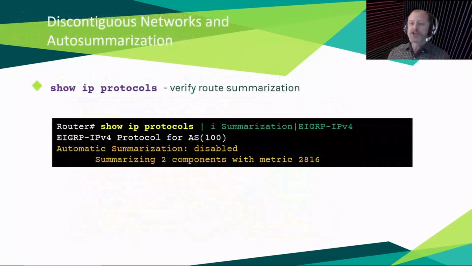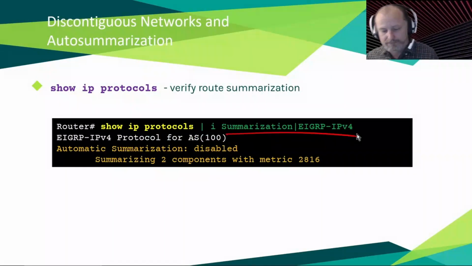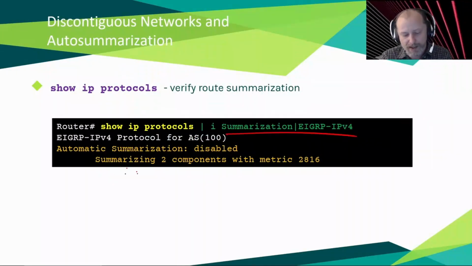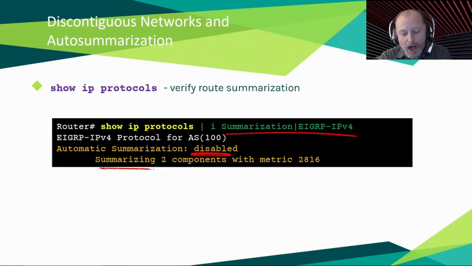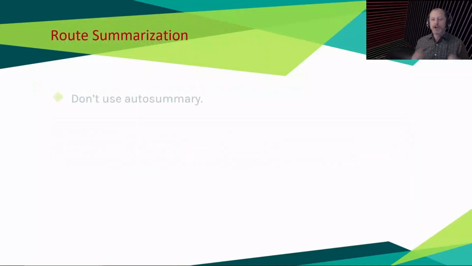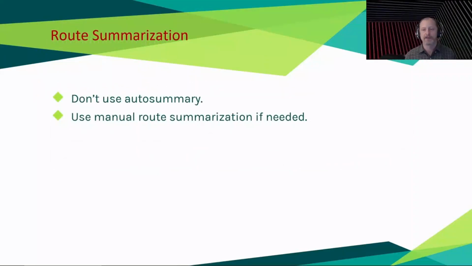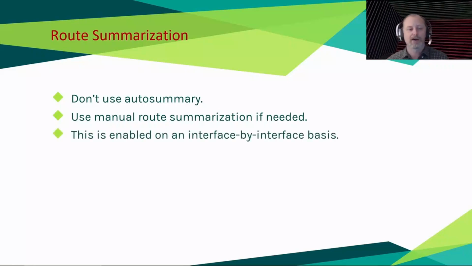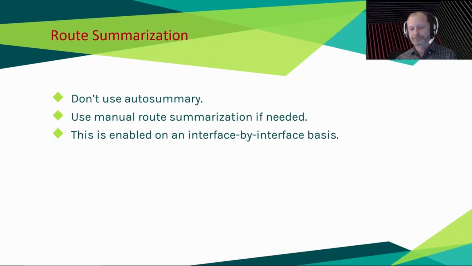So we use the show ip protocols command and limit it so that we can see automatic summarization disabled. We are summarizing stuff though, but manually. So don't use auto-summary. Use manual summarization if needed, and that way it'll be implemented on an interface-by-interface basis.